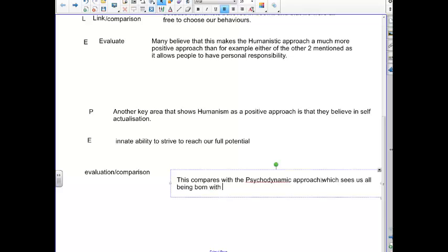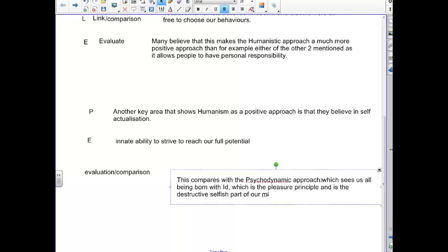Instead of being born with this really great striving to be the best we can be, psychodynamics says we're born with id, which is the pleasure principle, the destructive, selfish part of our mind. Okay, something like that.